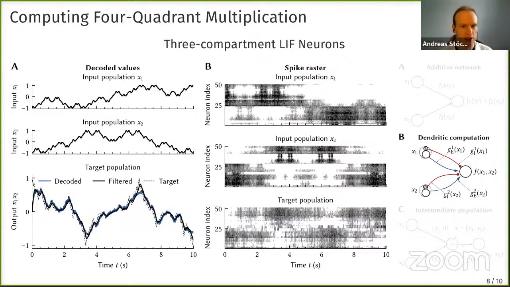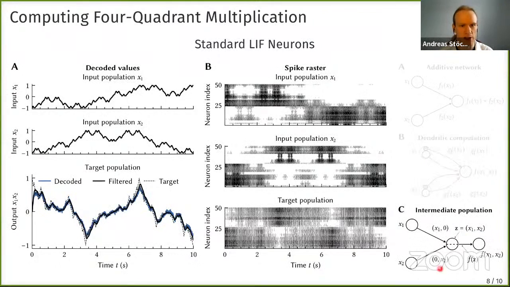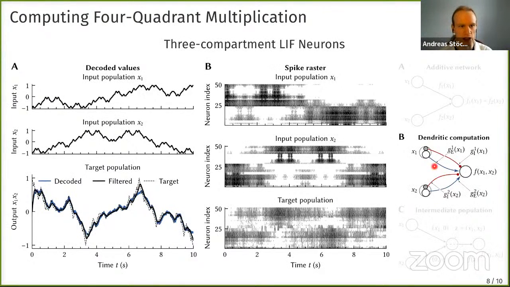And there's actually very little improvement if we switch to this more complex network that uses a comparable amount, but slightly more neurons than the network with the three-compartment neurons.